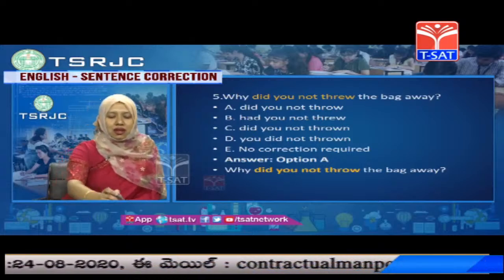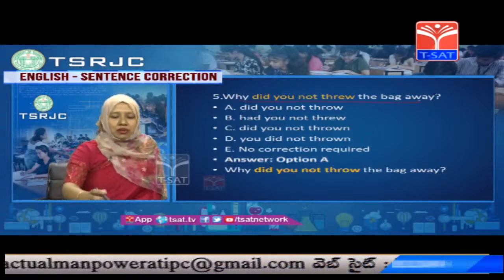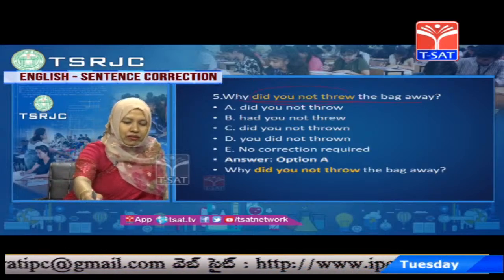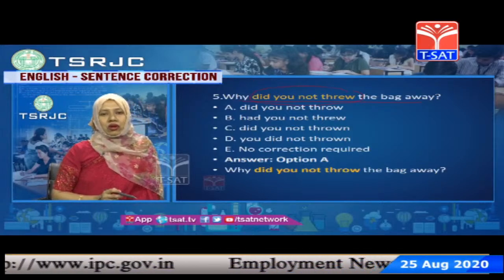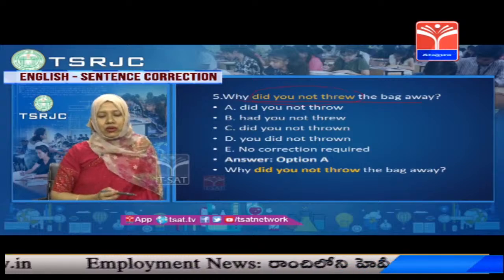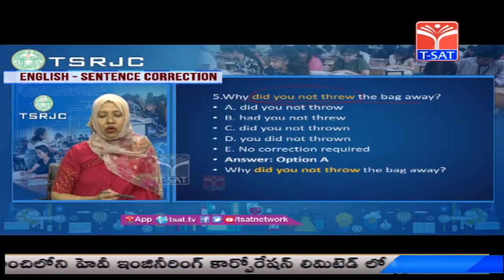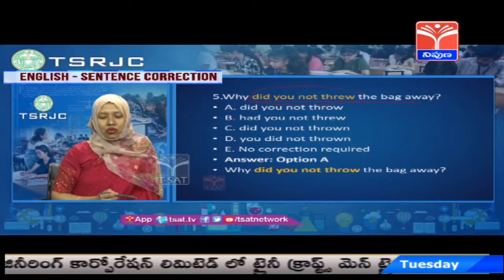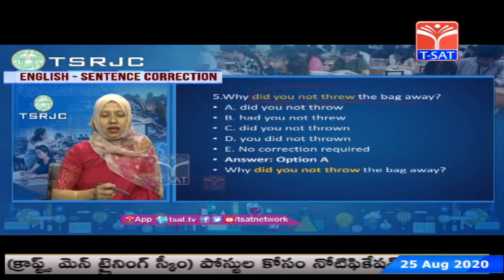Now in this sentence, why did you not throw the bag away? There is a mistake here in the highlighted words. Did you not threw? Now what are the options given to you? A, did you not throw? B, had you not threw? C, did you not thrown? D, you did not thrown. E, no correction required. Now if you see, there is a mistake.